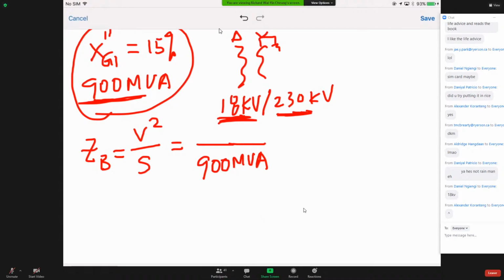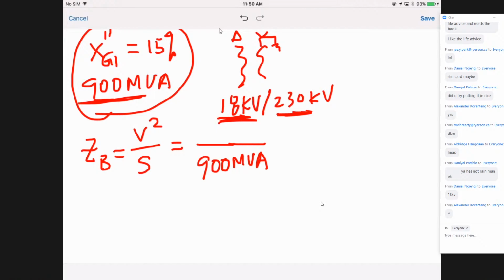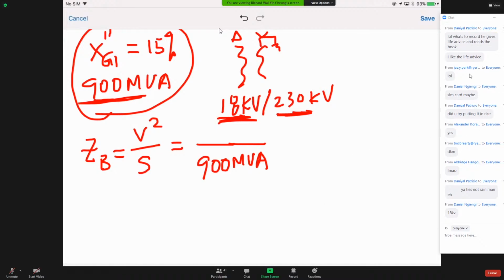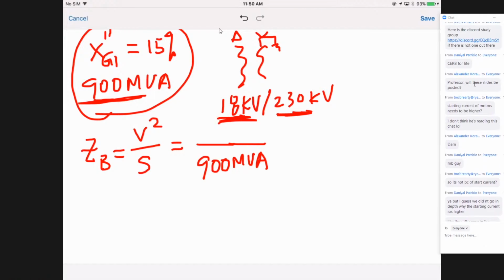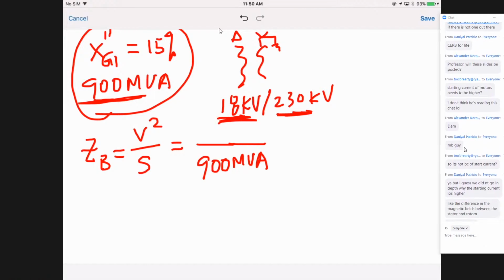I like that vision. You pick 18 because the generator is on the 18 kV side. No one can say no. But for designing the settings for breaker 1, 2, and all this, I pick a good choice.